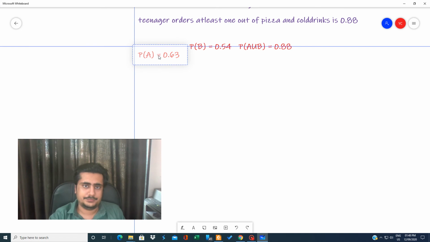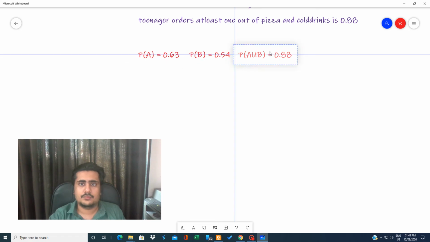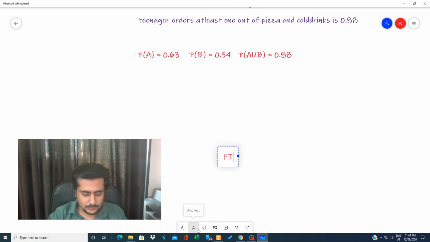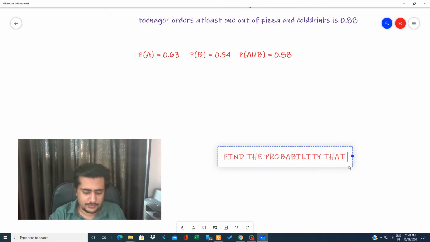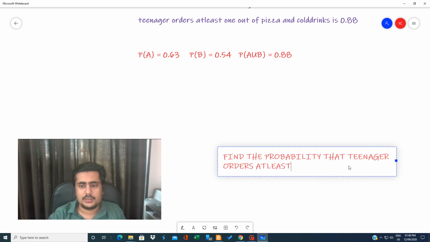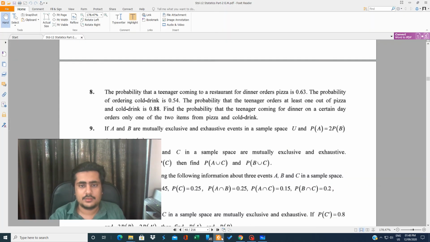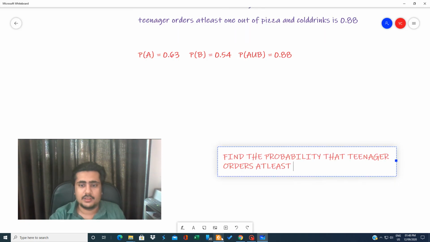Okay, so you have to find the probability that a teenager orders only one of the two items.